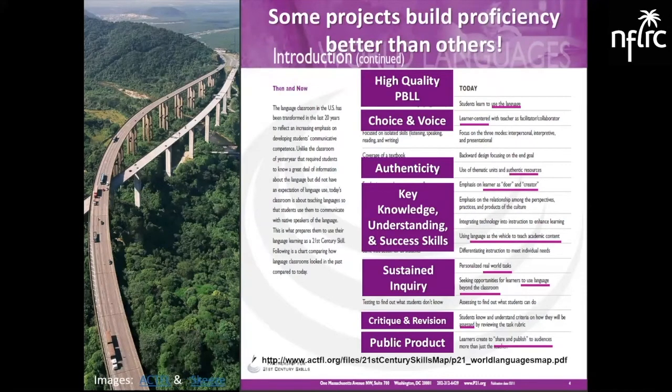So what's really interesting to me about this 21st Century Skills Map is that it aligns beautifully with the 8 essential elements of high quality gold standard project-based language learning that John just presented to you. And you can kind of see those parallels there. We want not only culturally authentic resources and materials, but also authenticity in terms of the work that students are doing in the class, in the project, right?